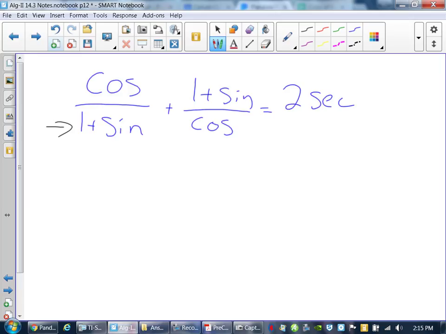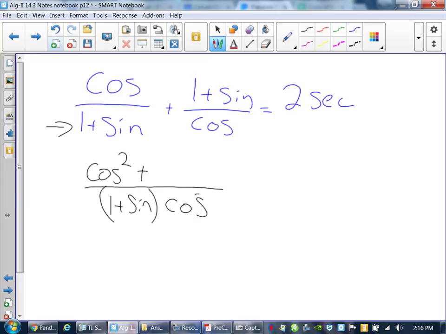Cosine plus sine. Fraction on the left needs a cosine. So cosine times cosine is cosine squared.